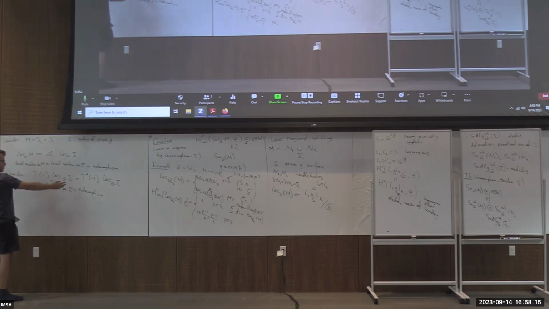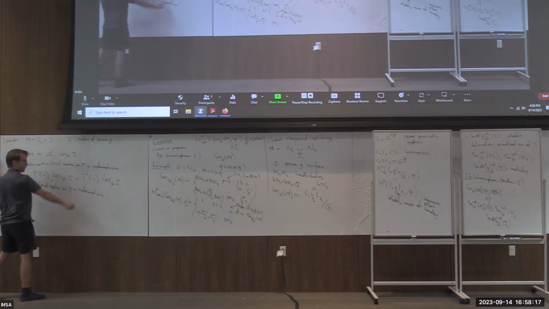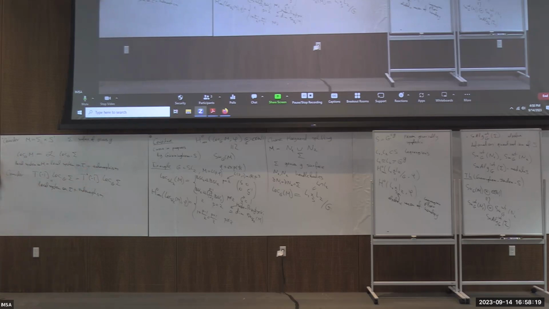Now, okay, so these are very different. One of them involves automorphisms, one of them involves endomorphisms. But actually, if you ignore the fact that these are stacks, then they're the same. So let me make two remarks.